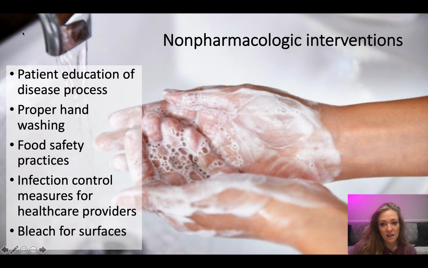In addition to those measures, at this point, patients are probably really not feeling well. They want help. They want this to stop, right? Patient education of the disease process is super important, just to highlight the self-limiting nature of the process.